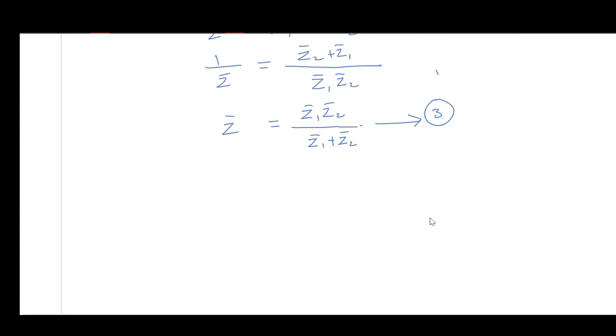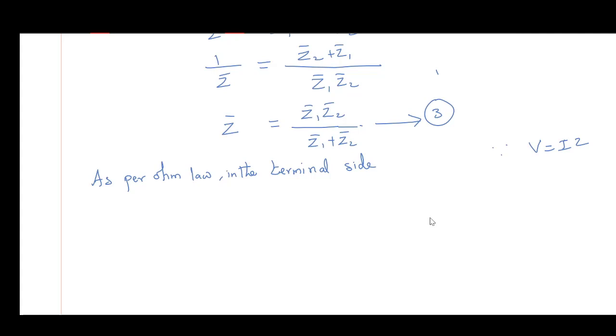Now the total current, as per Ohm's law, in the terminal side, V is equal to IZ, that is the equivalent.